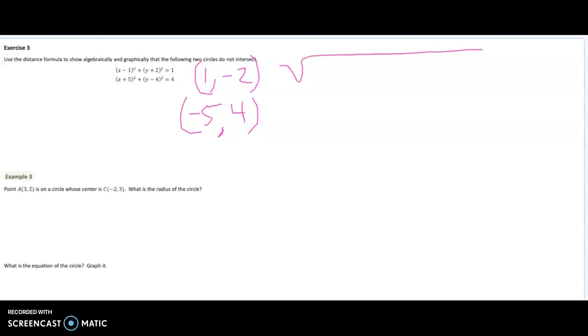Square root of, let's start with the bottom one. This x is -5, and that's going to be -1 squared plus 4 plus 2 squared.